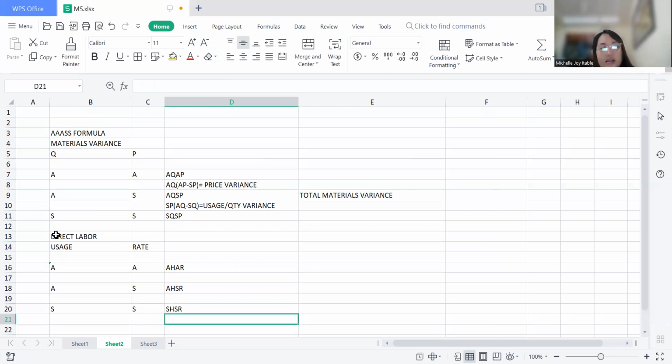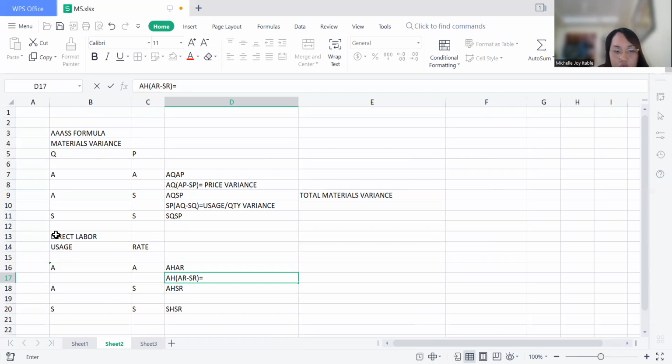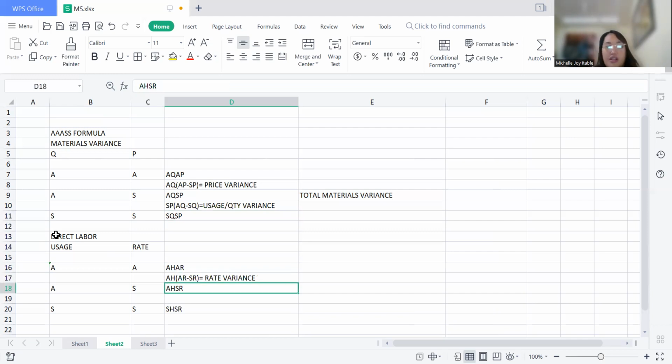So you can express this in formula: actual hours times actual rate minus standard rate. This is equal to your price or rate variance, or the equivalent to that sa materials is yung price, pero here, rate variance. What about this one?